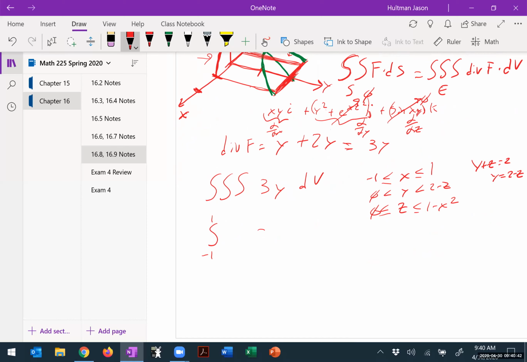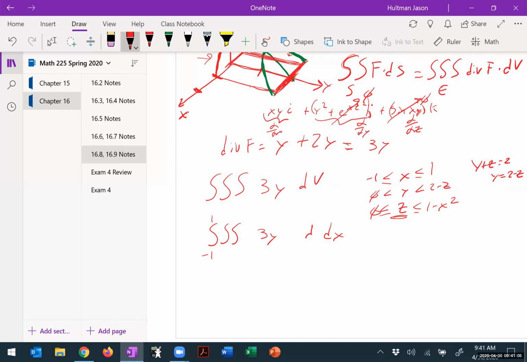So I'm going to get 3y, and then dx is going to have to go last. Now, what order is this going to go? Well, if I have x last, then I have to have something in terms of just x's, and that's z.